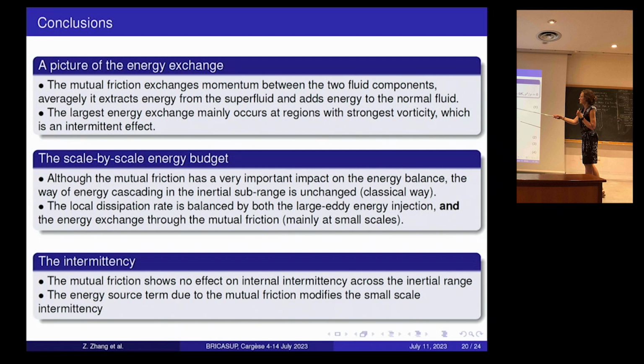People usually, and especially experimentalists, showed the results for spectra and structure functions for the whole velocity field because they could not measure each of them. And when DNS came into play, people showed what happens for this and for that. It's not a criticism, and we need all of that.